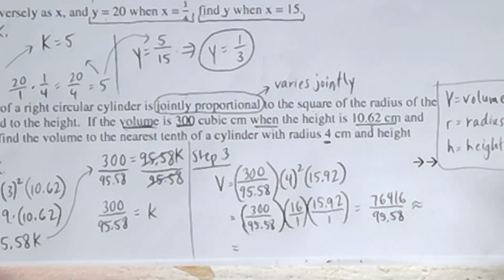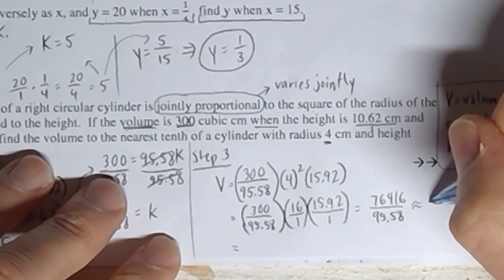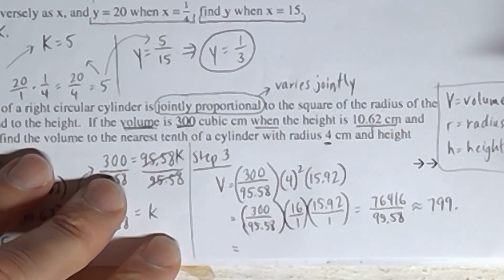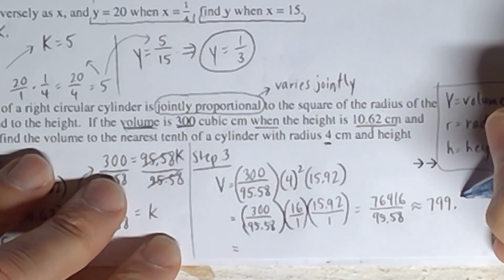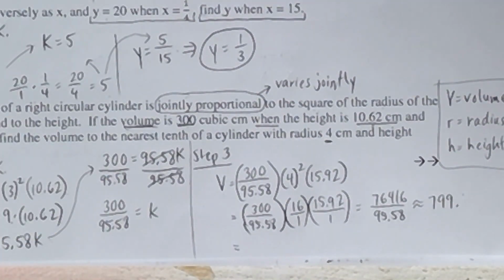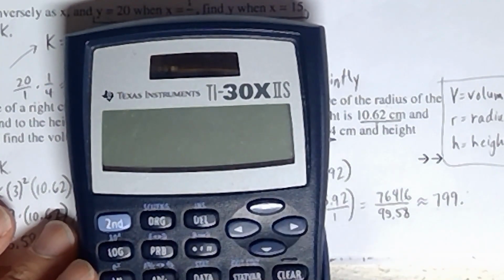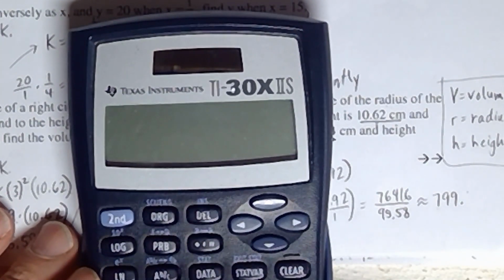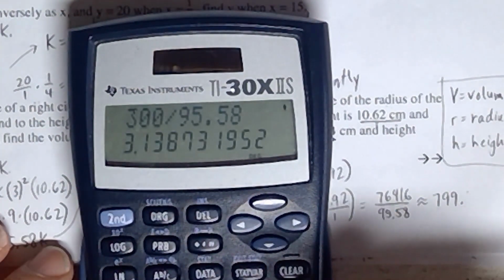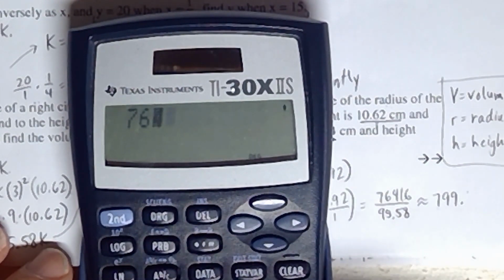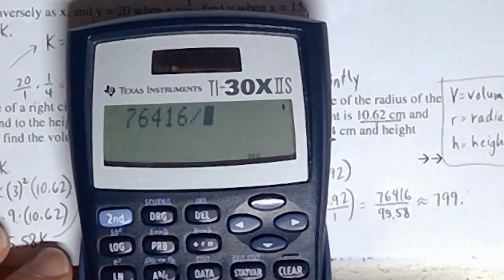If I then finally divide that to figure out that answer right there, we get, and again, round off to the nearest tenth. If you see that in your calculator, it should say 799 point, and then it rounds up to, actually, I'm not sure if it rounds up or down. Let's go ahead and find out. 76,416 divided by 95.58.